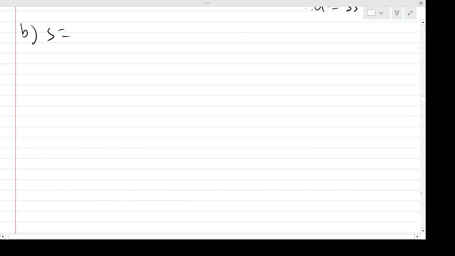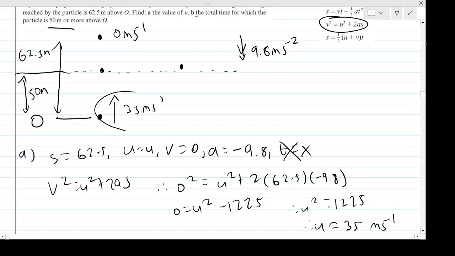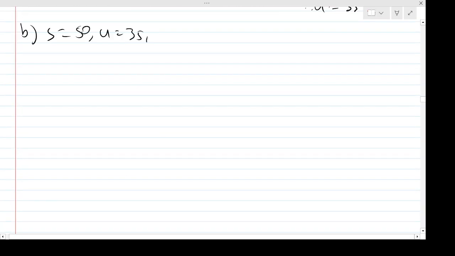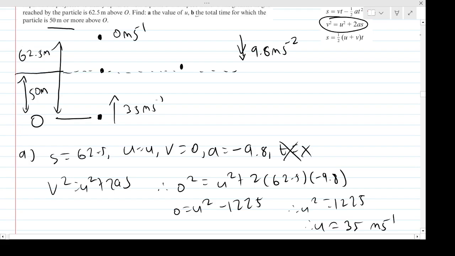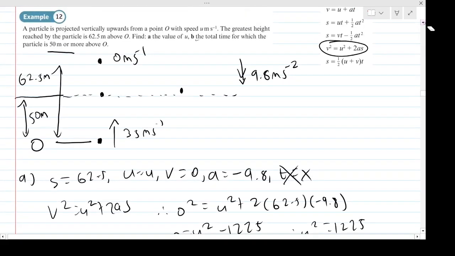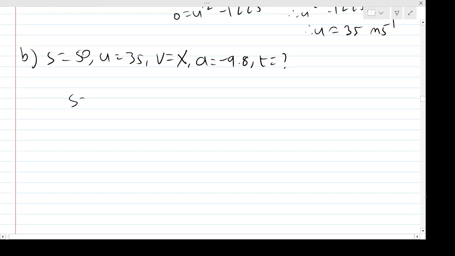The initial speed, we've now worked out, is 35. V, I don't care about. A, the acceleration, is negative 9.8. And t is what I want to work out. So which formula does not have v in? This one here: s equals ut plus a half at squared.